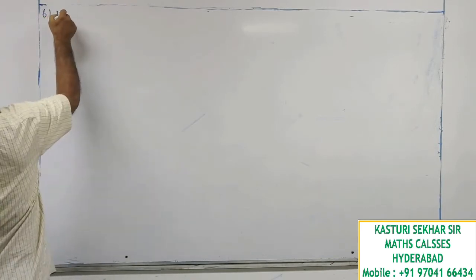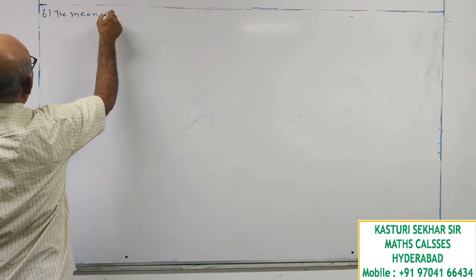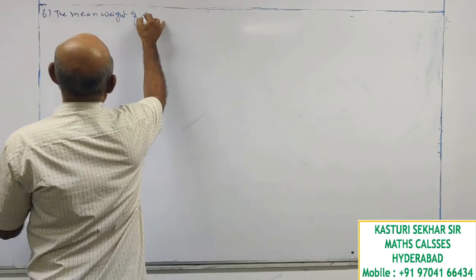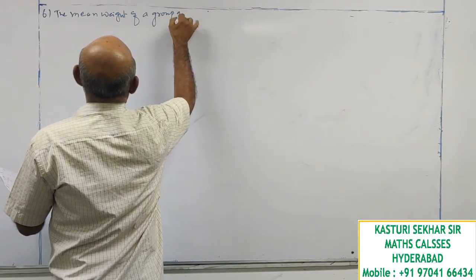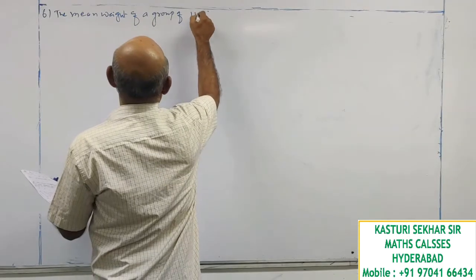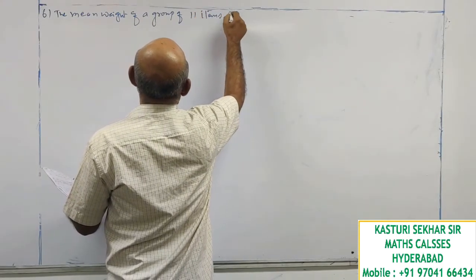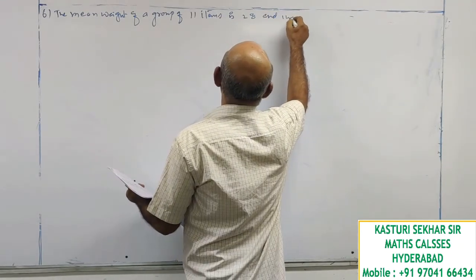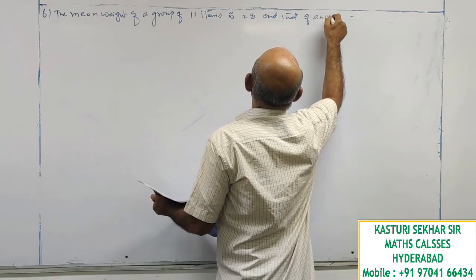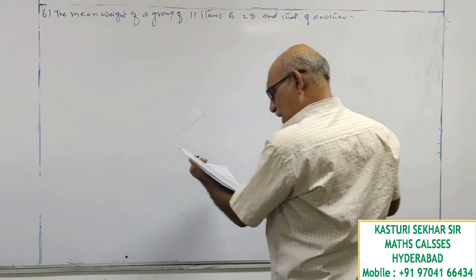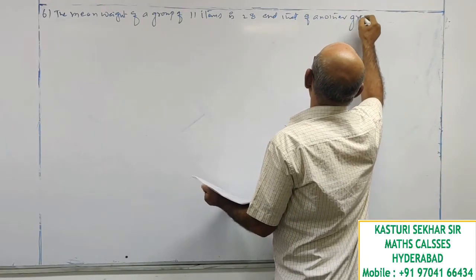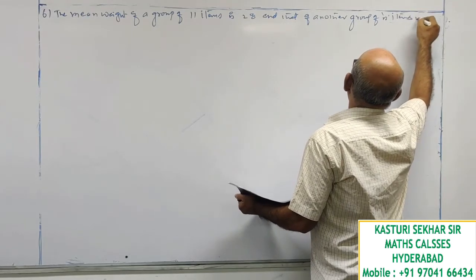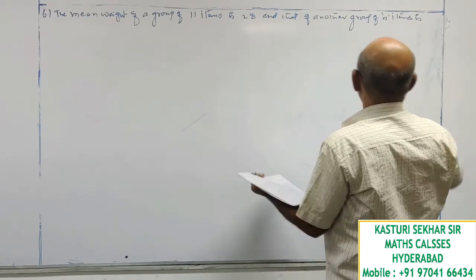The mean weight of a group of 10 items is 28, and that of another group of n items is 35.